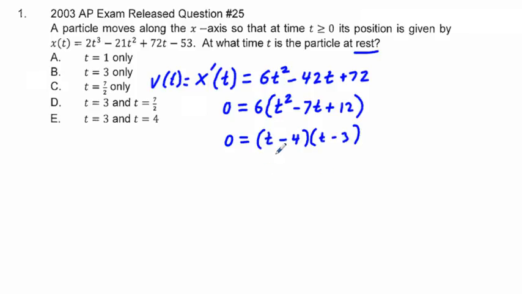Setting these 2 factors equal to 0, we have t equals 4 and t equals 3. So that'll give us our answer choice E. This is a very simple problem. Everybody, I hope, should be able to get this right.